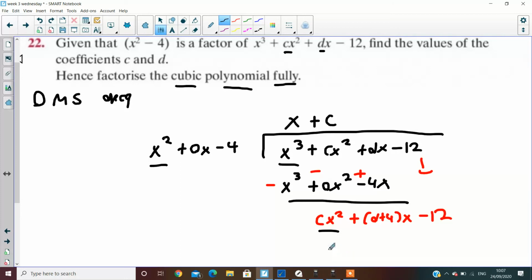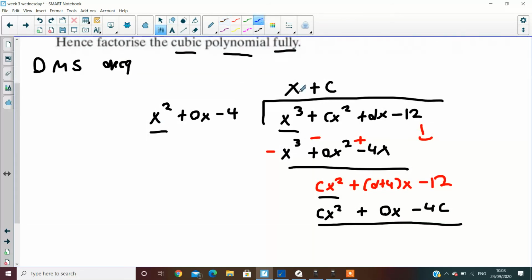Then what happens when I multiply it by c? Cx squared, yeah. Just 0, isn't it? And c by 4. It says it's a factor. What does that mean? When I take it away, what has to happen? That has to be 0x, that has to be 0, and that has to be 0x squared.